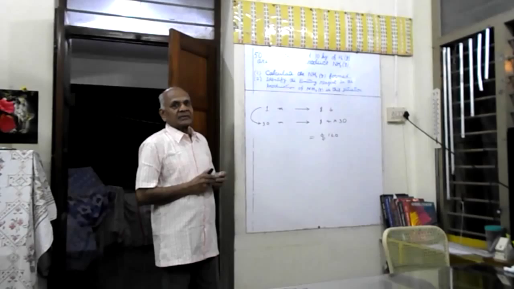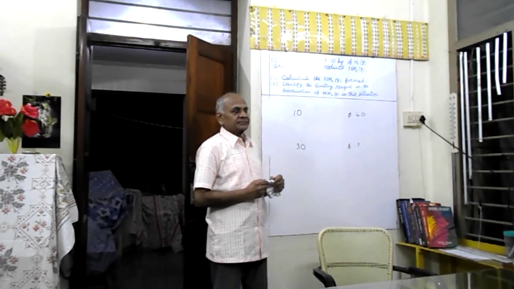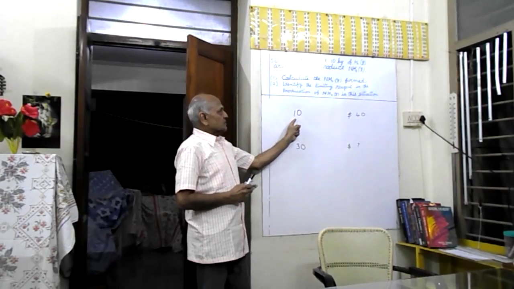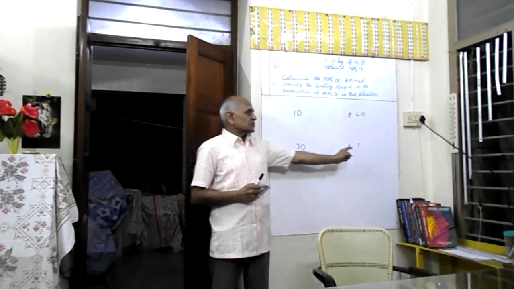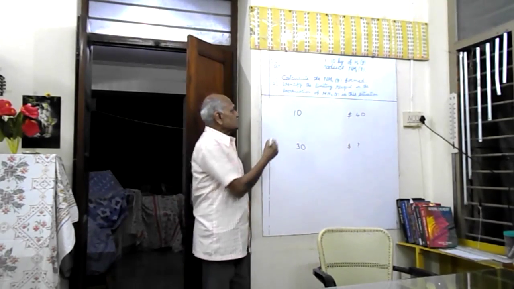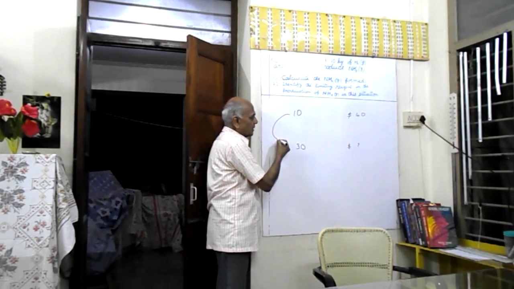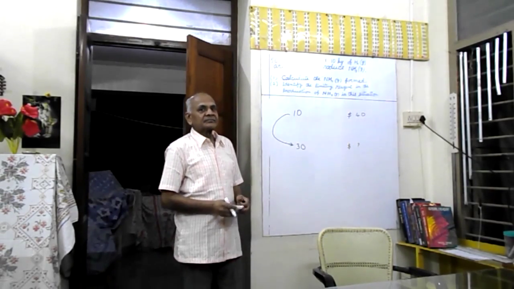Now let us enter into the third part. Now let us learn the third part of the method. For some number the value is given. For some other number the value is asked. We call this as some number to some other number. What are we going to do?